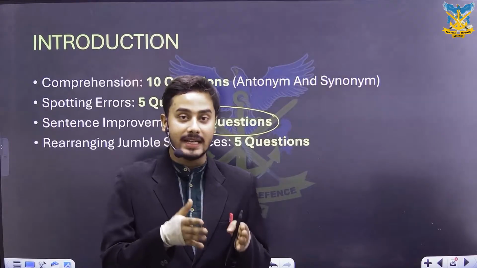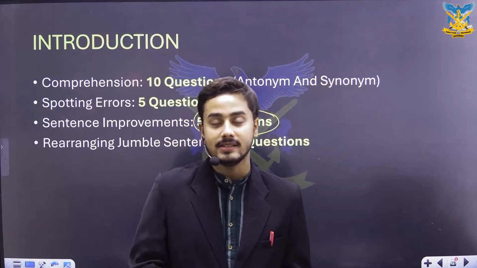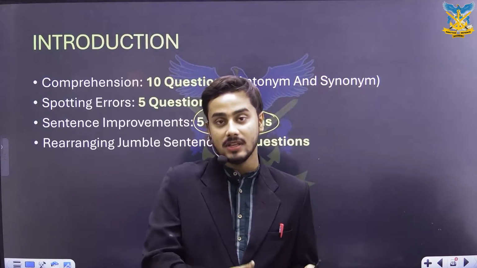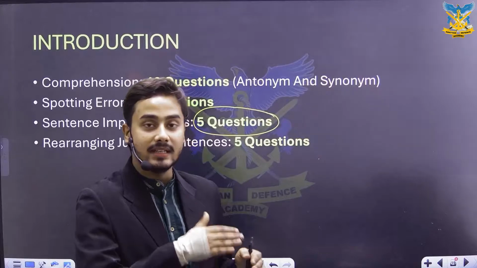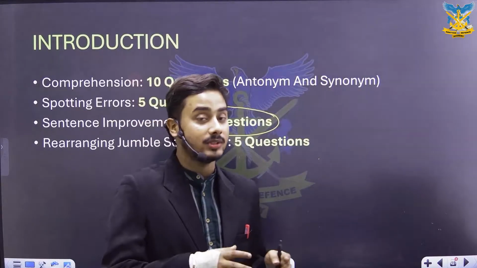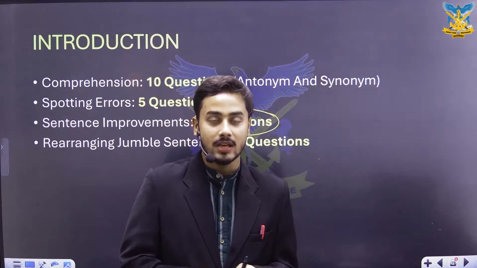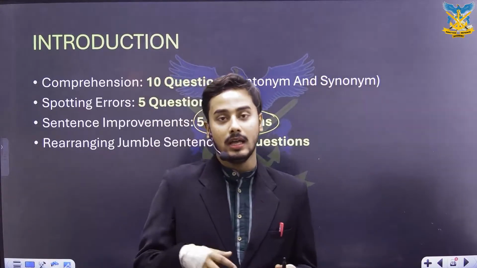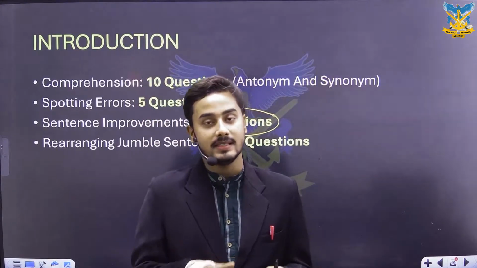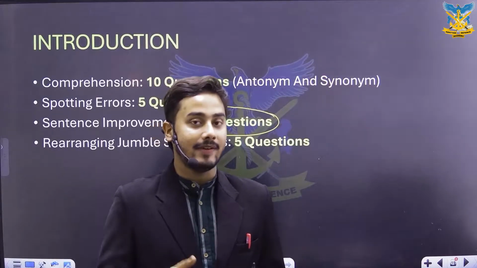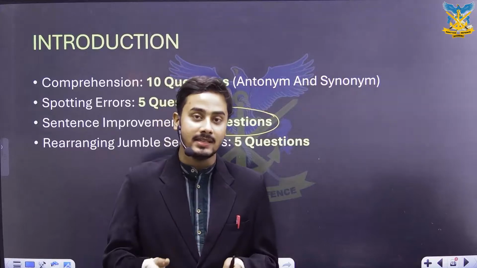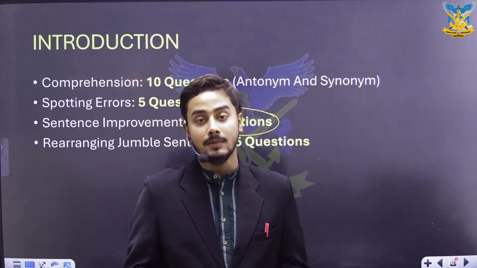We have to identify which is the starting of the sentence, which is the subject in the sentence, and then what is the action being done, and उसके हिसाब से उसके मुताबिक हमें सेंटेंस को फिर से अलाइन करना होता है so that उस सेंटेंस का कुछ मीनिंग निकले. So jumbling and rearranging of the sentence basically refers to the task where we are given one sentence divided into 4 parts, and our job is to rearrange the sentence in a way so that it makes meaning out of it.